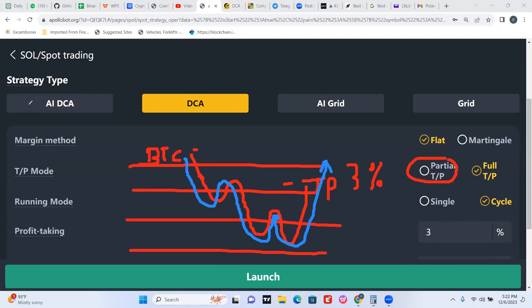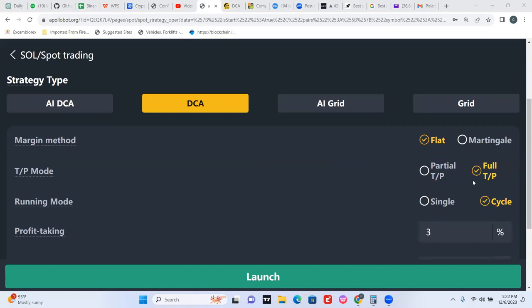So that's on that. The next is cycle and single. From the name, cycle means you trade and you want that trade to keep on moving in a cycle. You buy BTC, you want to keep trading BTC no matter what, all night long.